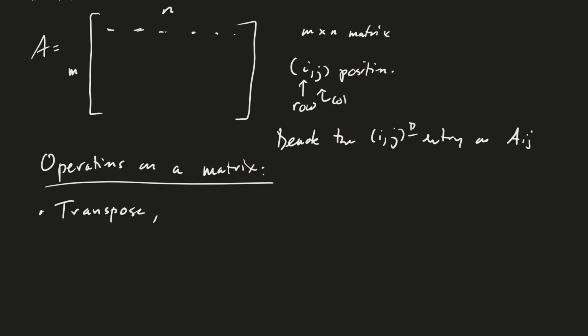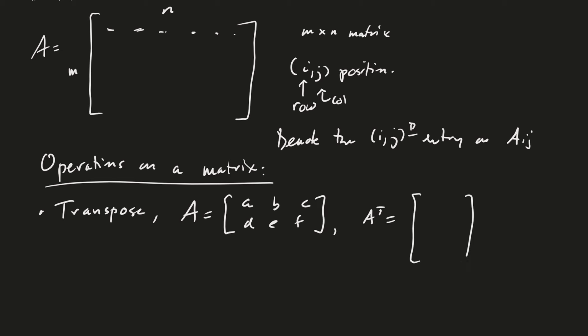For example, if A is equal to, we'll just do a 2 by 3 here, a, b, c, d, e, f, then A transpose is formed by taking the rows of A and making them the columns of A transpose.